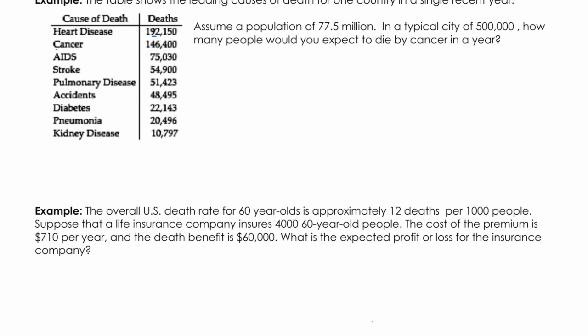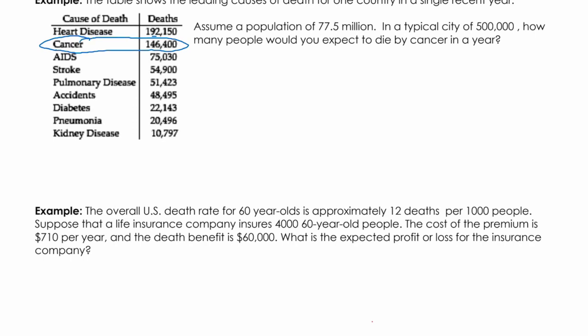In this next example, it says the table shows the leading causes of death for one country in a single recent year. Assume a population of 77.5 million. In a typical city of 500,000, how many people would you expect to die by cancer in a year? So if we look at the table, the information for cancer is right here.